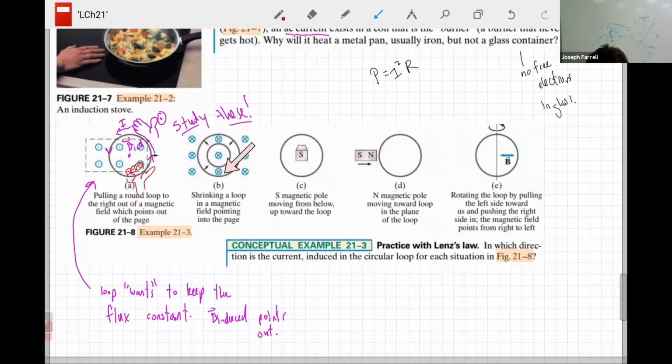Anytime the loop is moving, you've got magnetic forces. But in a case where the magnet's moving, then you've got an induced electric field. Here's another case, the last case: the loop is spinning. So the wire is moving in a magnetic field, and so you get a magnetic force there.